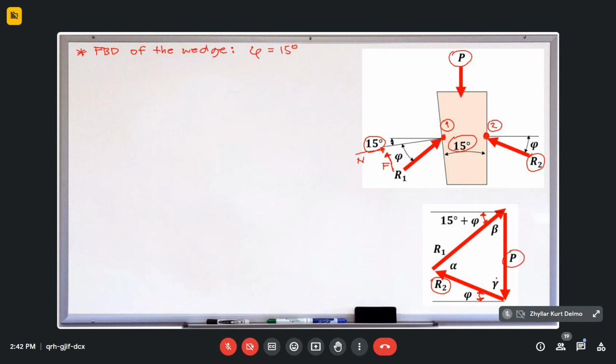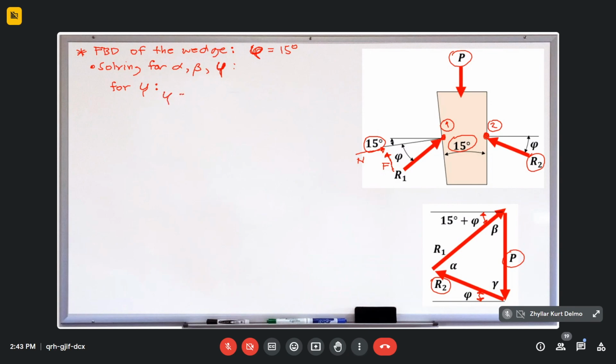Okay. Now, ato pangitaon ang kaning tulo ka mga angles, no? The alpha, gamma, and beta. So, solving for alpha, beta, and gamma. Now, for gamma, actually, 90 degrees man ning horizontal and kaning vector force P. So, gamma is a complementary angle of our Phi.